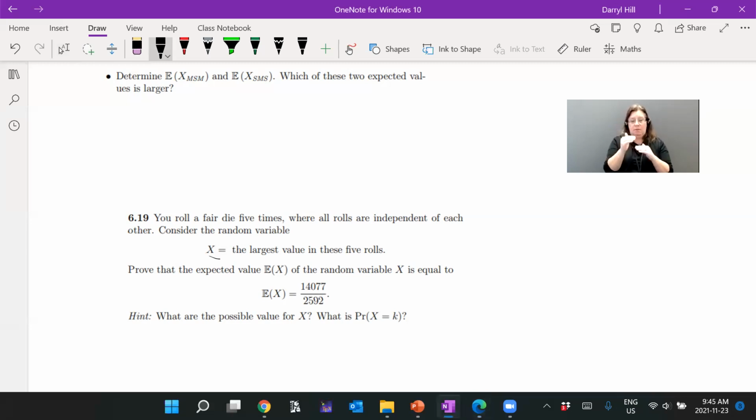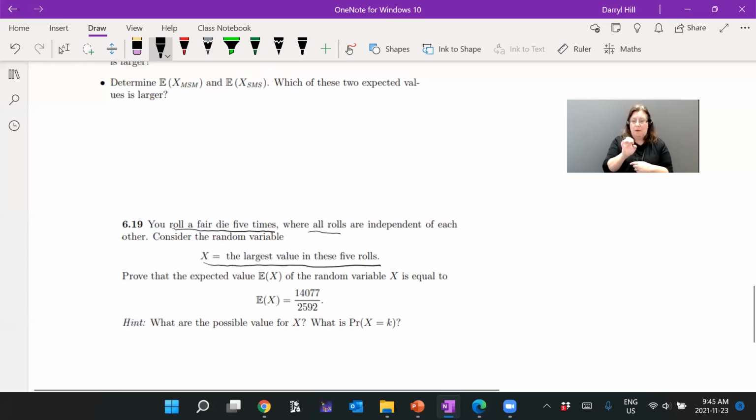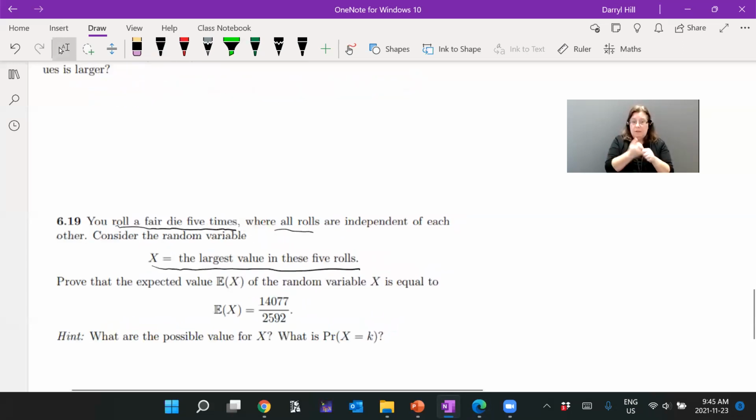This is similar to one of the parts of that question: I want to find the expected value of X, which is the largest value in these 5 rolls. I'm going to roll a fair 6-sided die 5 times. Each of these rolls is independent. Let's get a little bigger.